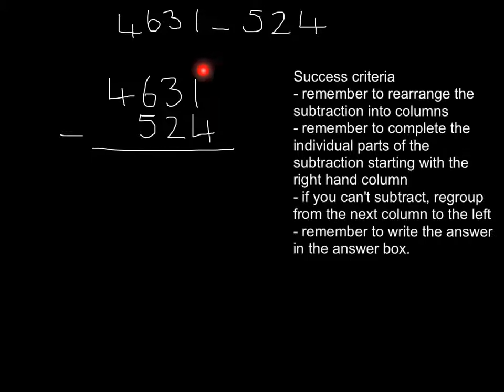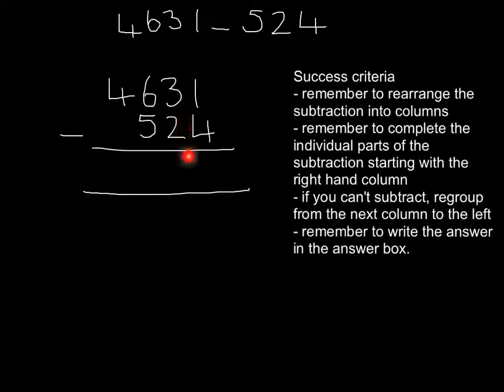So the 1 units and the 4 units in a line, the 3 tens, 2 tens, 600s, 500s, the 4 thousands and no thousands. Then we need to draw the answer box. Then we need to remember to complete the individual parts of the subtraction, starting with the right-hand column.